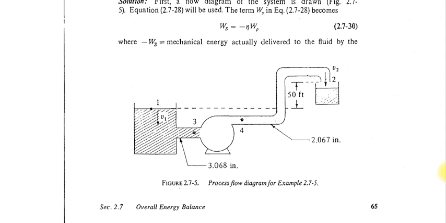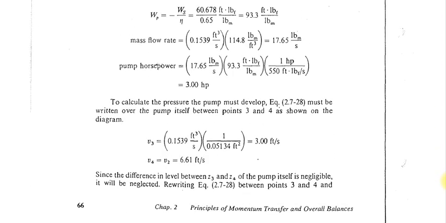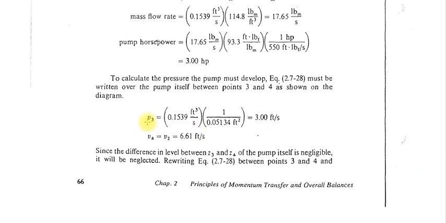So here you can calculate the V3. V3 is calculated by the volumetric flow rate, which will be the same, 0.1539, divided by the cross-sectional area. You will get the V3.